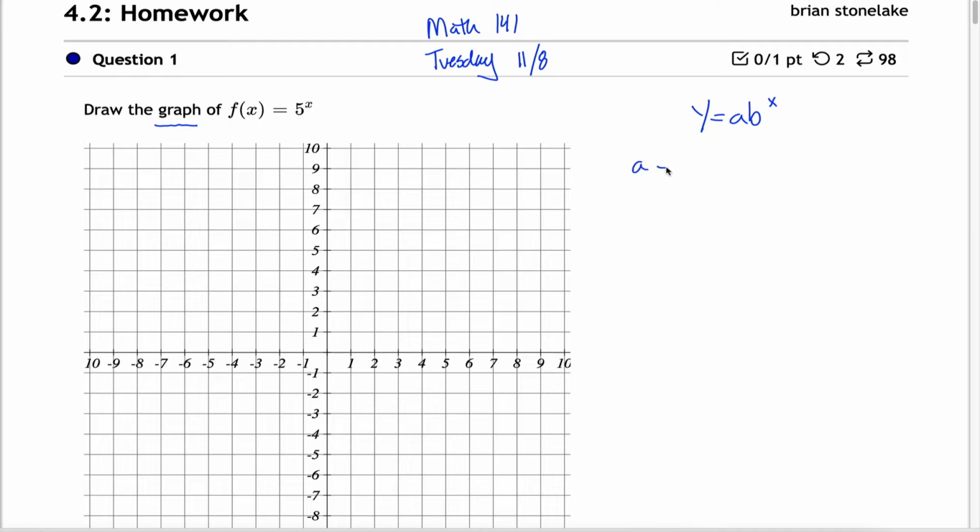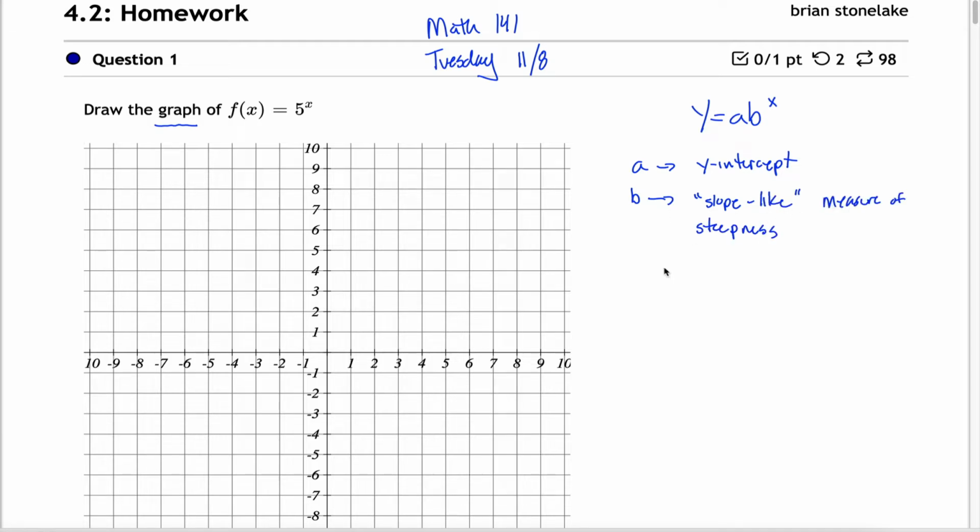The value of a always tells you the y-intercept, and the value of b, I don't have a great name for it. It's kind of like the slope, although it's not the slope, because slope is a term reserved for lines, and these graphs are curves. But it's kind of a measure of steepness. Maybe I could say it's slope-like.